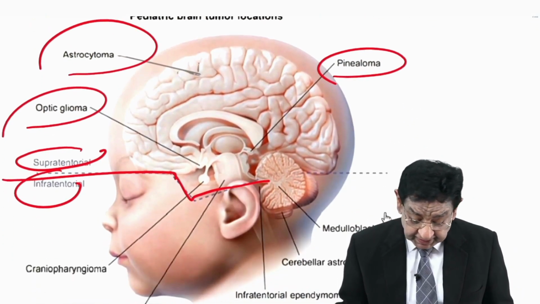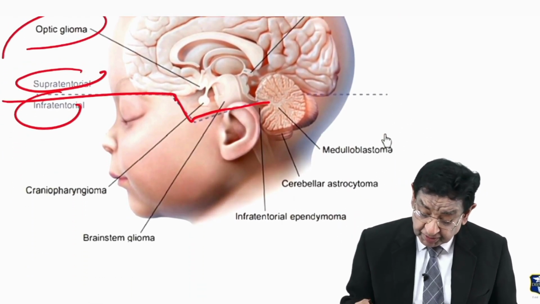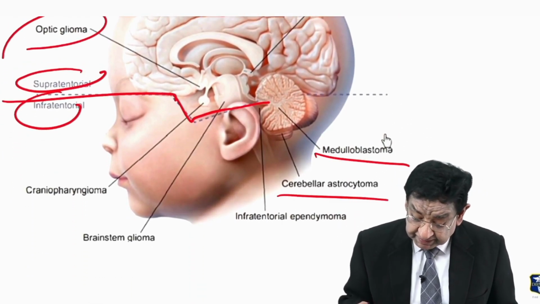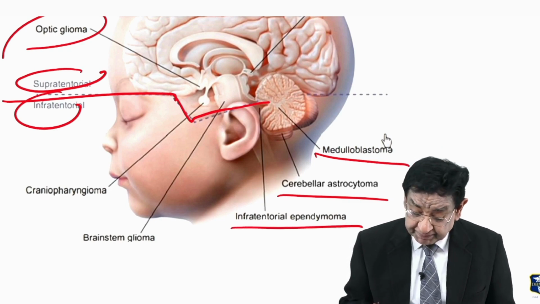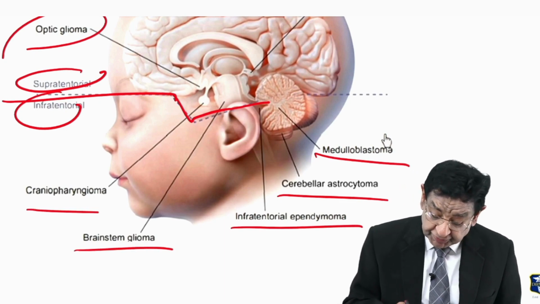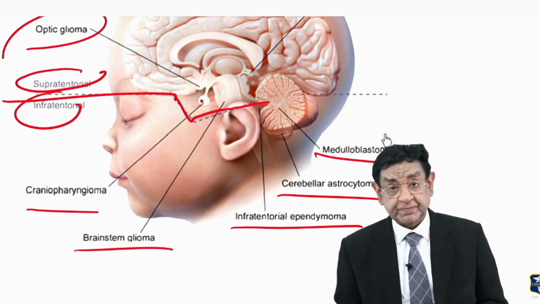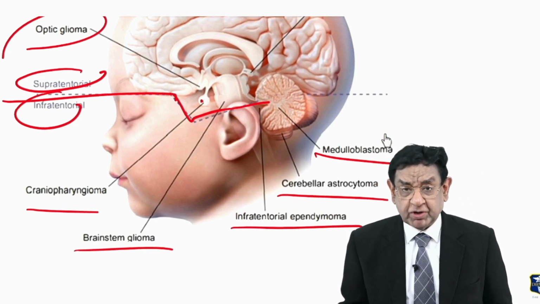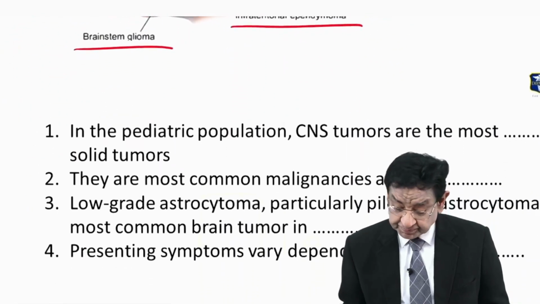Infratentorial tumors include medulloblastoma, cerebellar astrocytoma, infratentorial ependymoma, brainstem glioma. Craniopharyngioma is a type of supratentorial tumor.